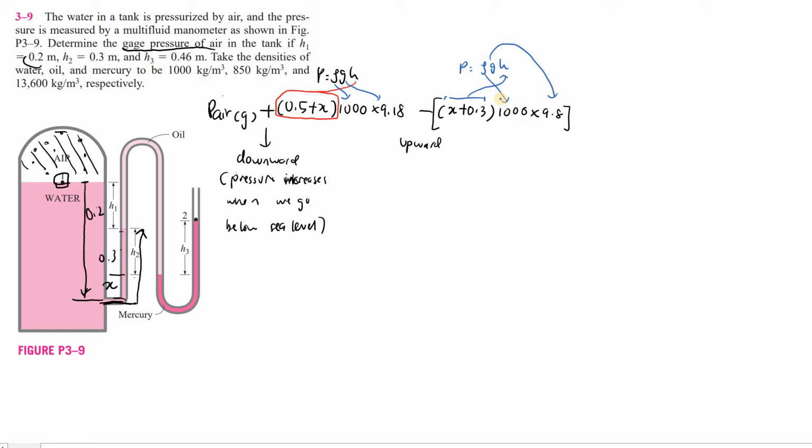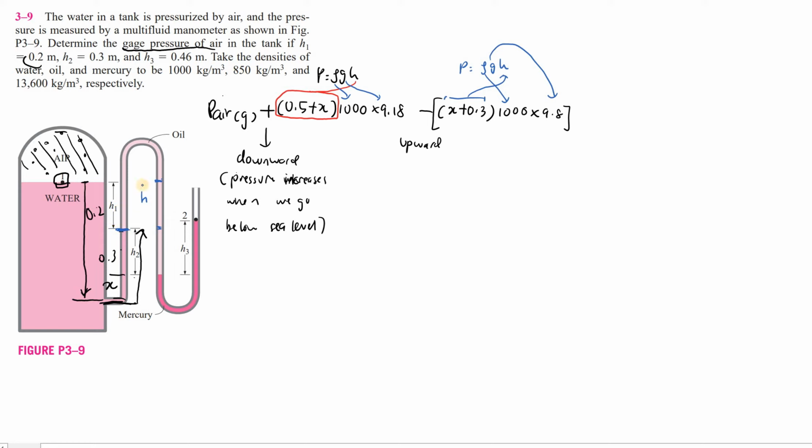Now you are at this point. You still have to travel upward or downward. In this case, from here to here is the same h, so we can cancel out.